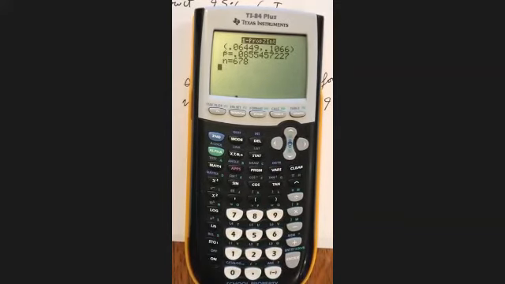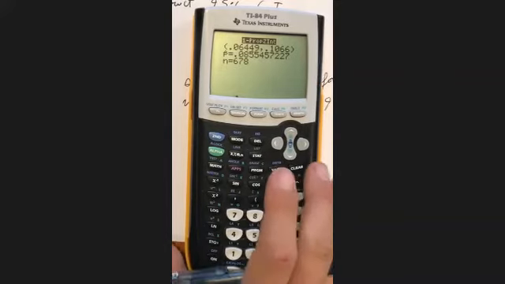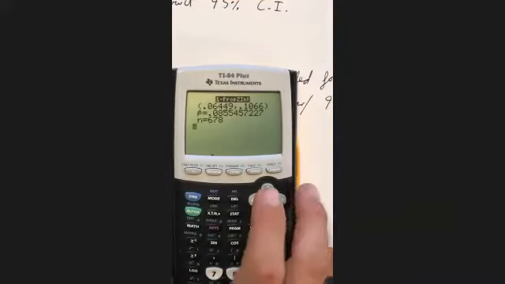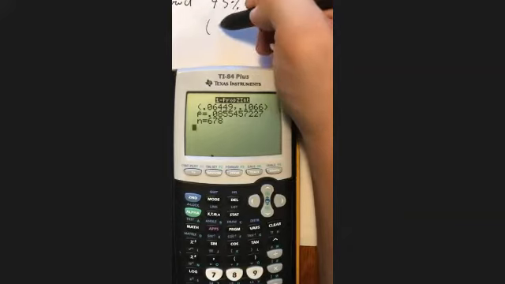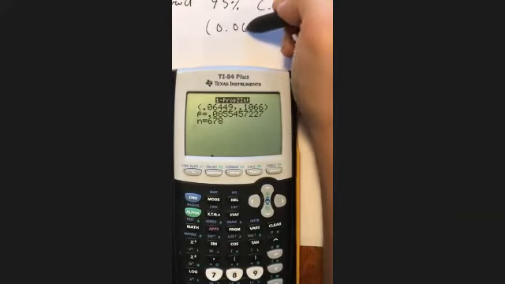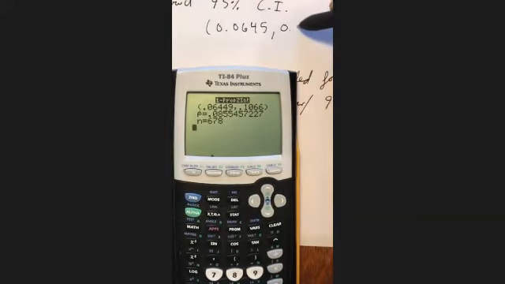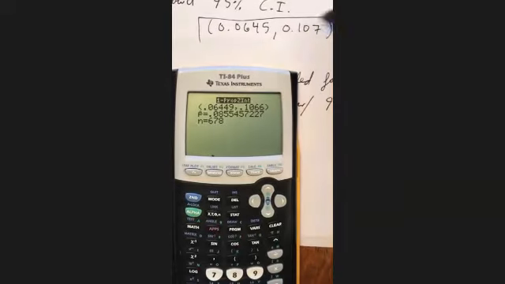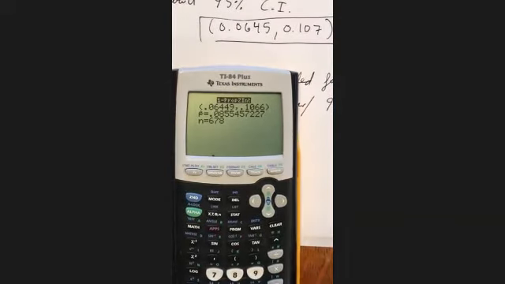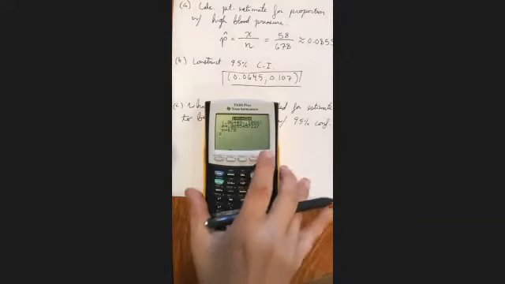Punch that into the calculator, it immediately generates a confidence interval for you. 0.0645 to 0.107, roundabout. Easy peasy. Calculator does it all for you.